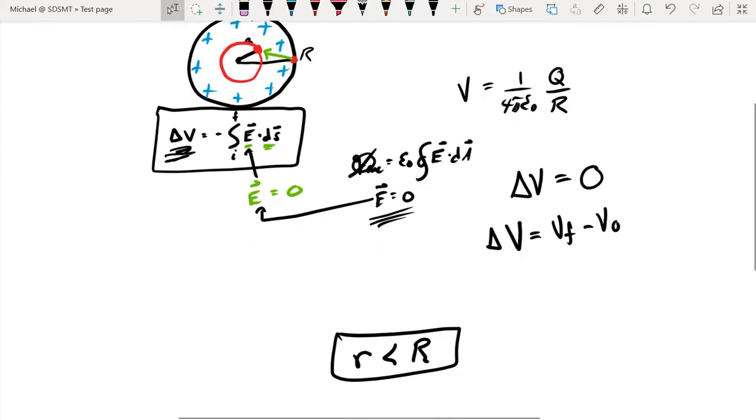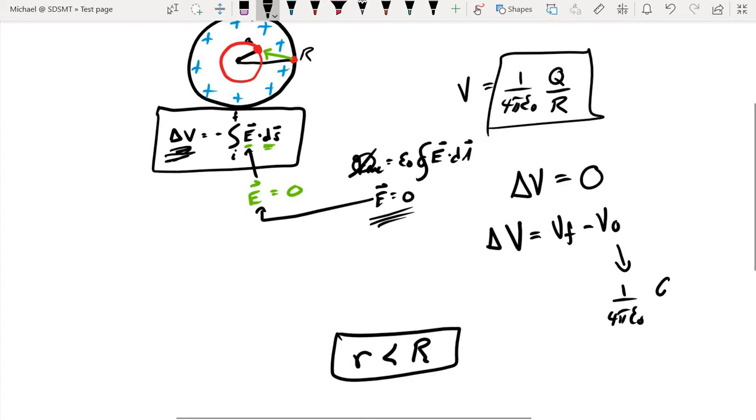Okay, we started at the surface of the sphere, which had a potential value that's equal to that. So we'll say the initial potential was what we had at the surface of the sphere.